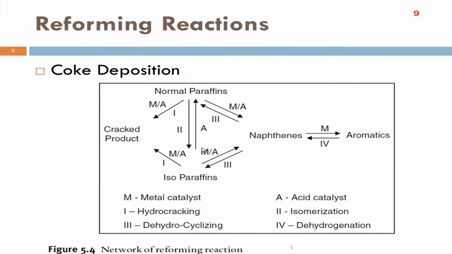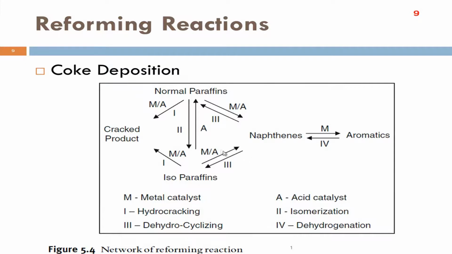You can see there are four main reactions: hydrocracking, dehydrocyclization, isomerization, and dehydrogenation. Each reaction takes place over a catalyst, either M or A. M stands for metal catalyst, A stands for acid catalyst.